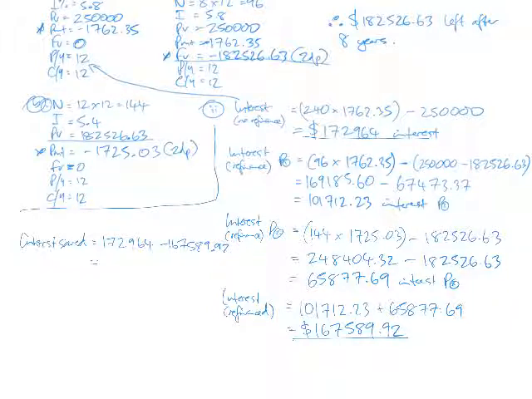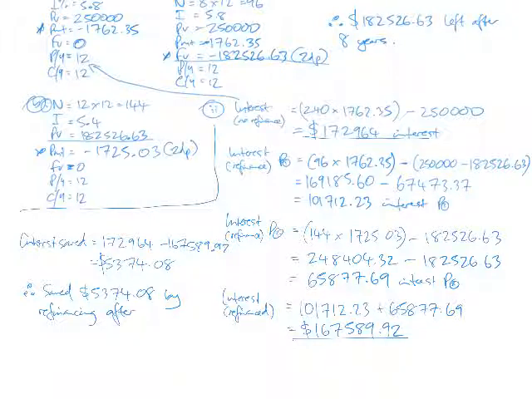And that comes to 5374.08 dollars. Therefore, saved $5374.08 by refinancing after 8 years. So that has fully broken down how you work out the amount of interest saved by refinancing.